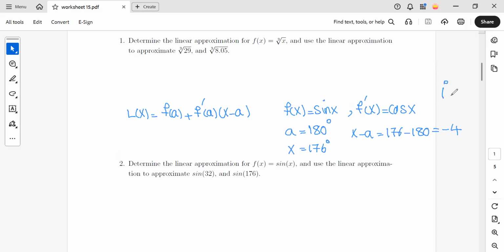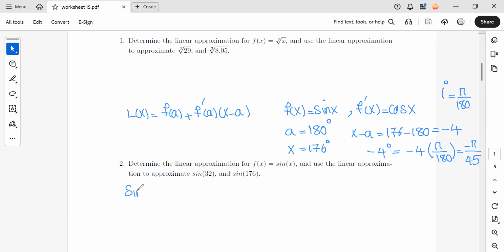We know that 1 degree is the same as pi over 180. So negative 4 degrees will be negative 4 times pi over 180 if you want to write it in terms of radians. If you simplify 4 and 180, it will be negative pi over 45 radians.